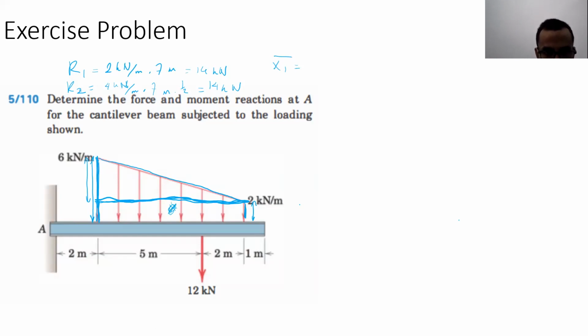But remember, 3.5 here is from the left side or the right side, right? It's not from the end here, but from this particular one. If we have to make a line, it's like this. 3.5 meters, x1 bar.